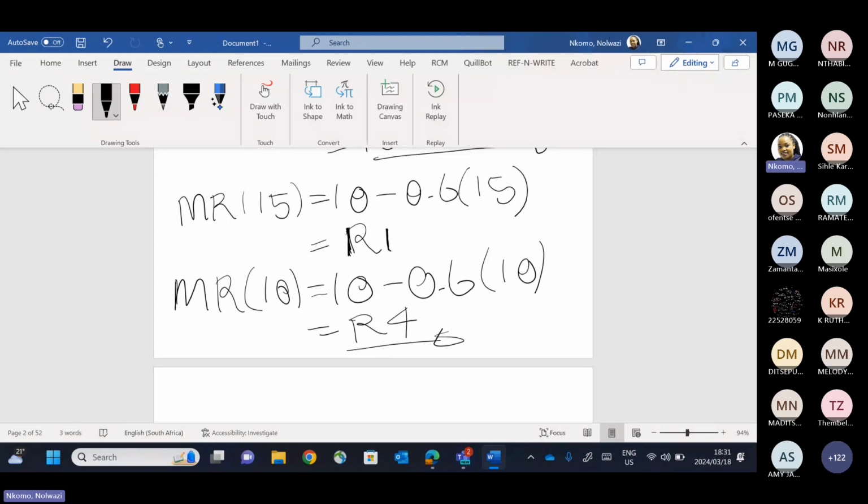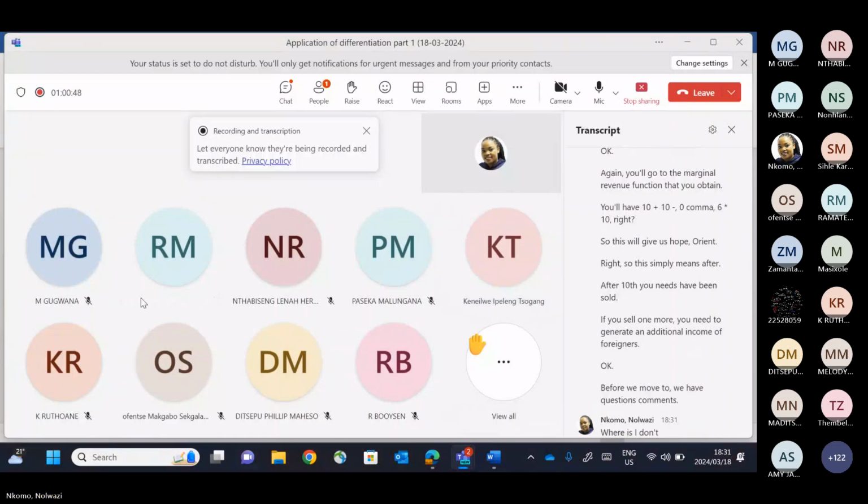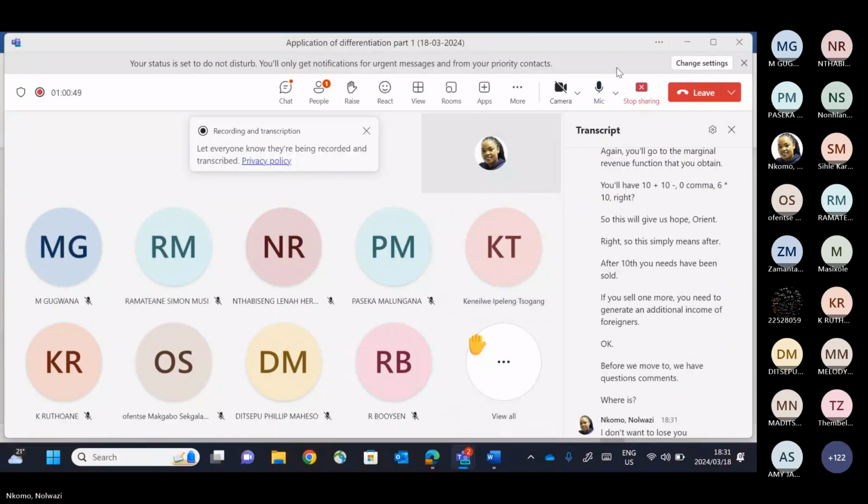Before we move, do we have questions, comments, queries? I don't want to lose you. I was just going to ask something.